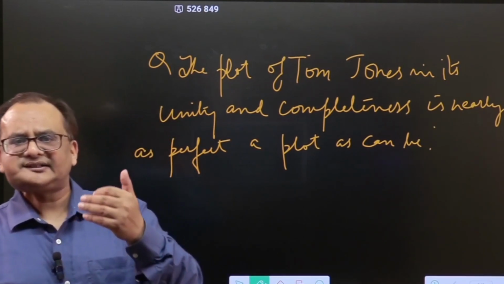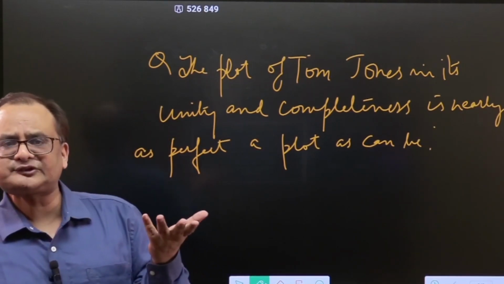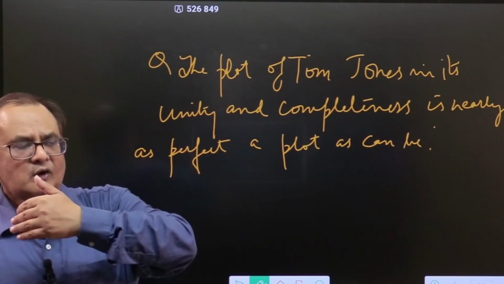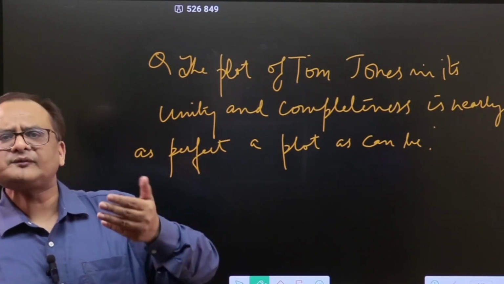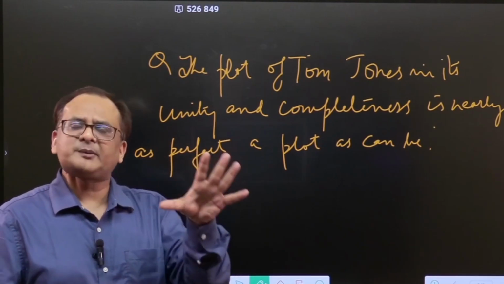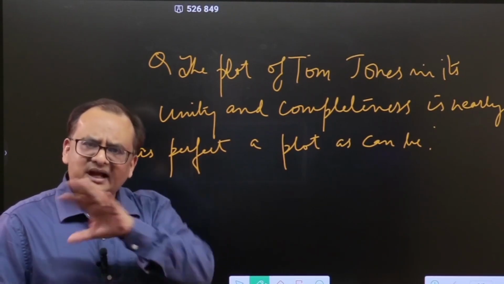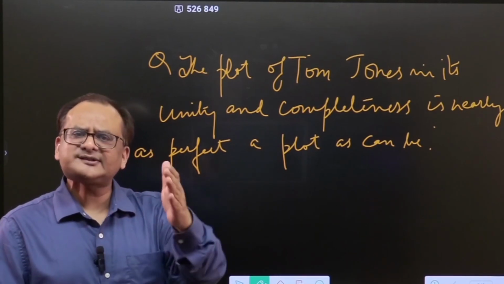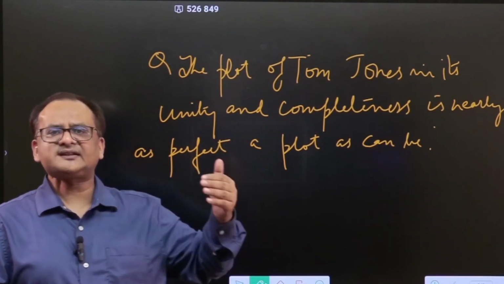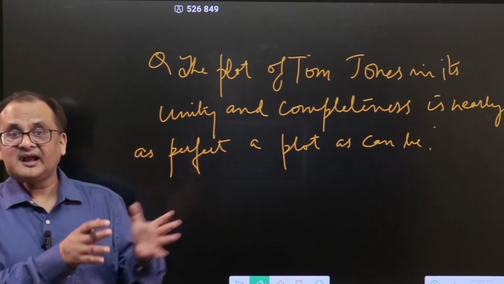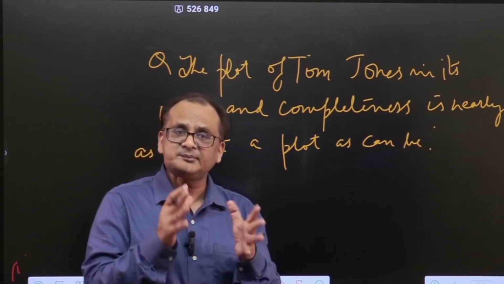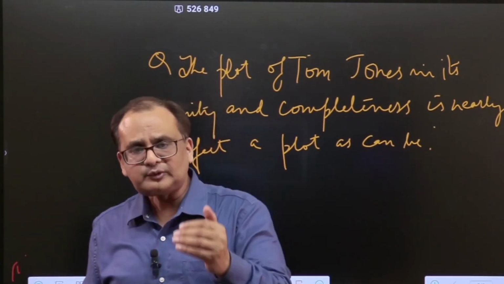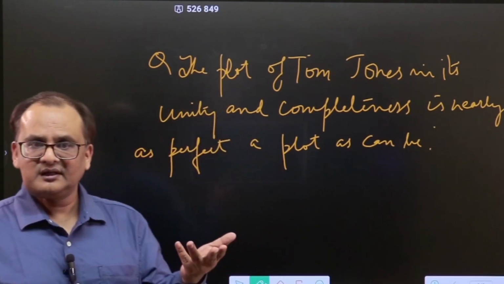Although Fielding does not violate the principles of probability or possibility, some of the coincidences introduced by him come precariously close to the improbable. And the sequence of arrivals and departures at the Upton Inn and Squire Western's timely rescue of his daughter almost appear to be contrived.